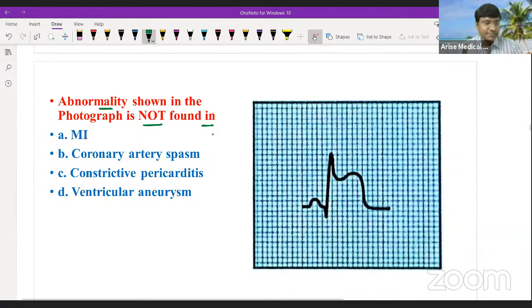I have discussed this. If you have gone through my sessions on cardiology on the platform of Prosium, there I have discussed the same.